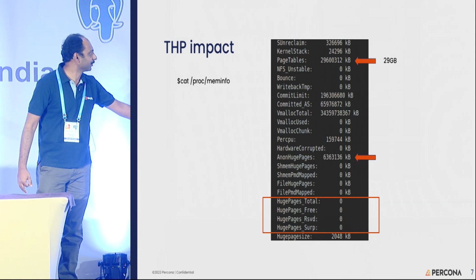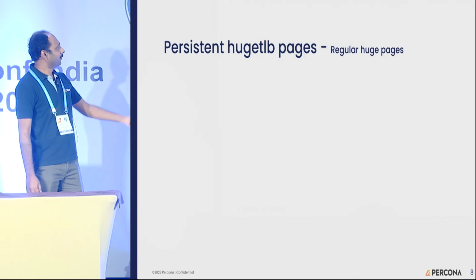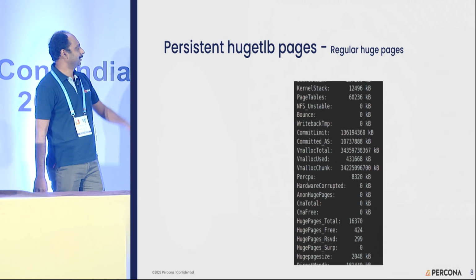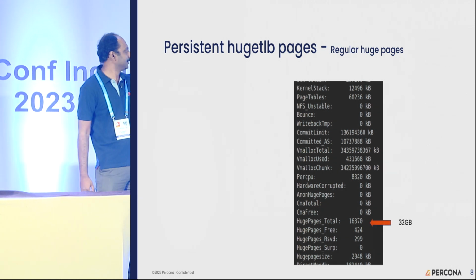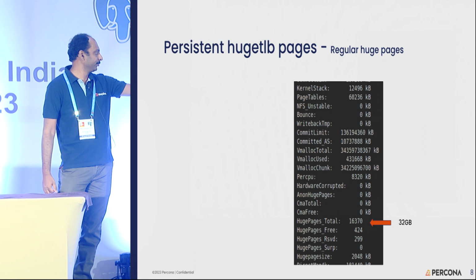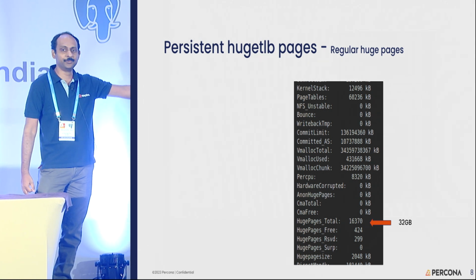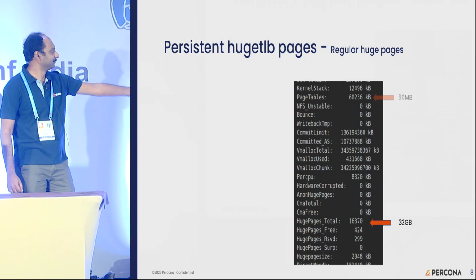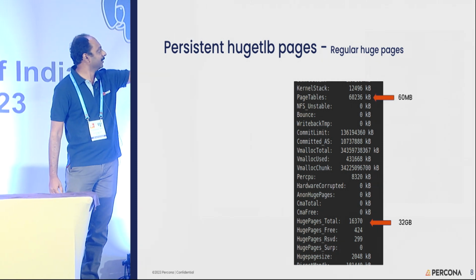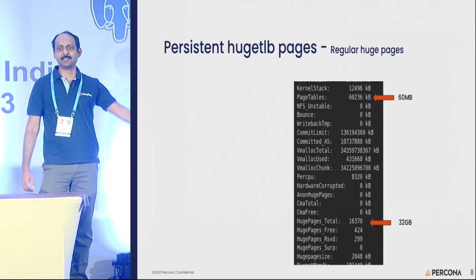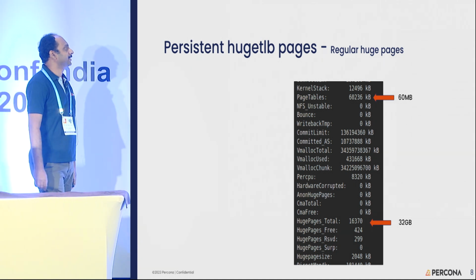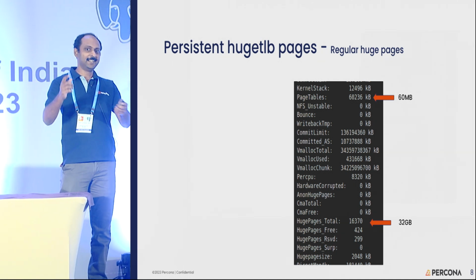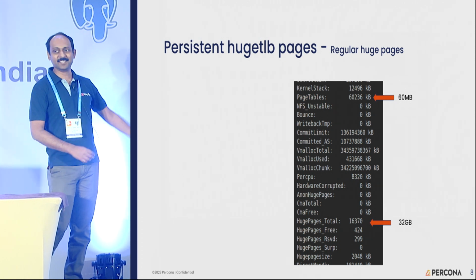Wrong configuration, okay? And once we configure the huge pages, we can see that 32 GB of shared buffers fits into a few thousand pages, 16,000. And look at the page table size, it is drastically reduced to 60 MB. Where is 29 GB and where is 60 MB?